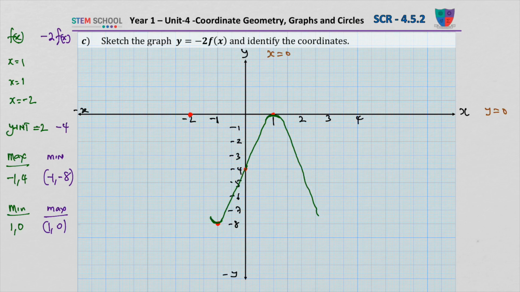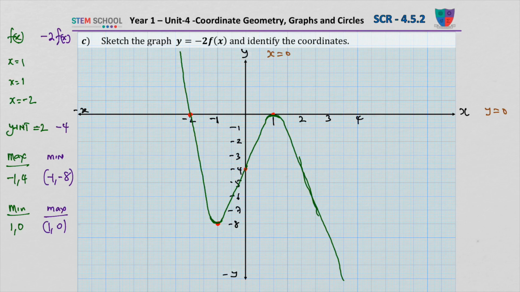And this one will go all the way. And this will just go all the way to infinity, y infinity. And this will go to negative infinity.